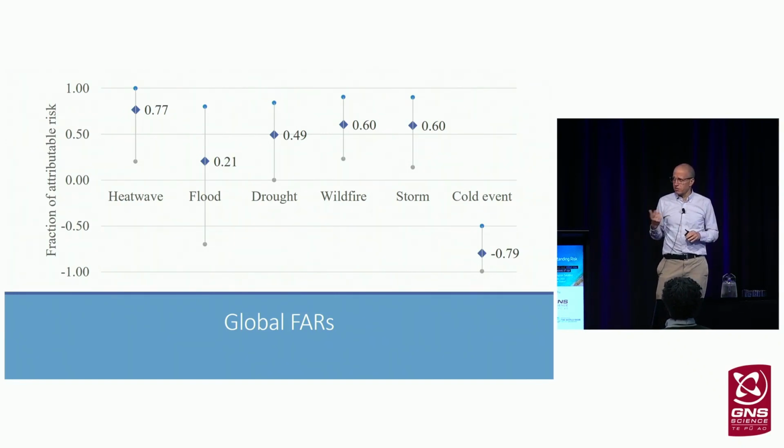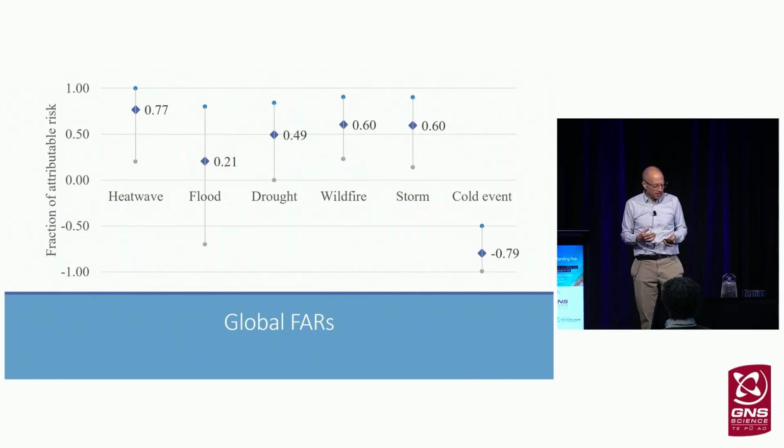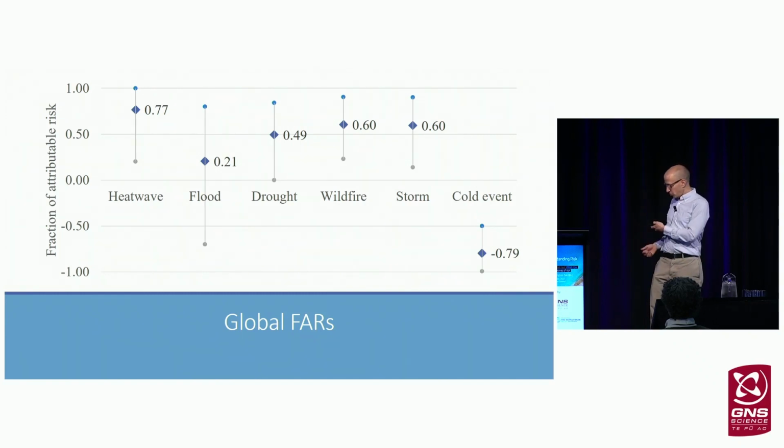There was a heat wave event that was perceived to be, at least by the scientists, virtually impossible without climate change. Okay? So there is a range, and equally, you can see some heat wave events that are only maybe, I don't know, 20% more likely because of climate change. So there is some heterogeneity there, but basically the average is 77.